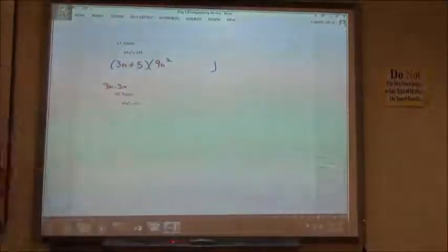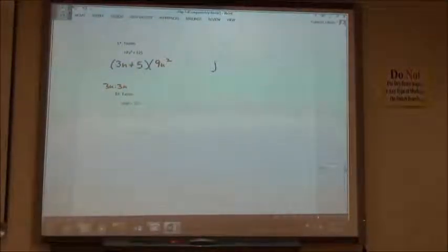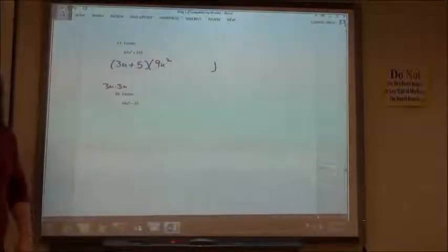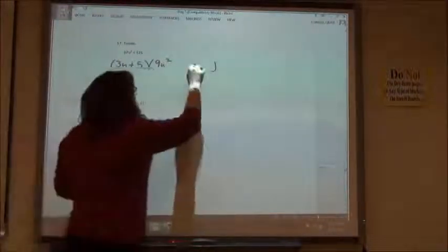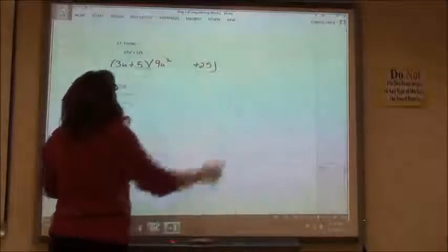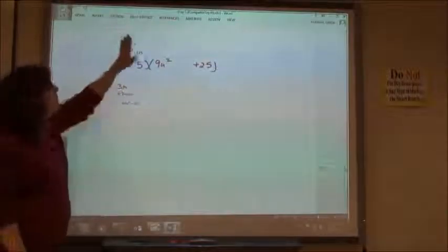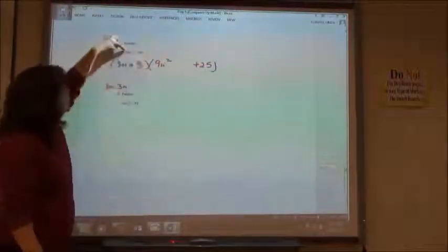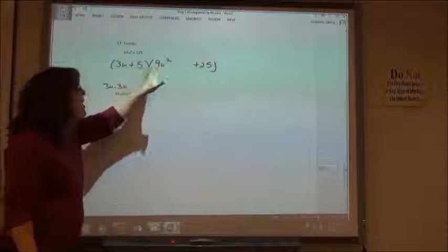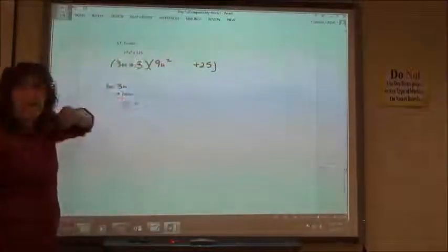And if I square 5, five times 5 is 25, right? Plus 25 on the end. So if I take 3u times 9u squared, I get 27u cubed. 5 times 25 is 125.